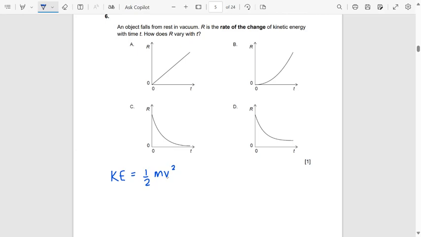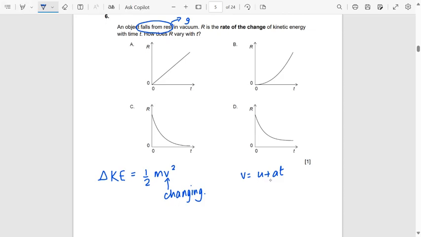The mass isn't changing, very unlikely, and the half is a constant, so it must be this that is changing. So that's why I'm trying to get an acceleration. We know that it falls from rest, so the acceleration is going to be g, whatever planet we're talking about. So I'm going to say v equals u plus at.